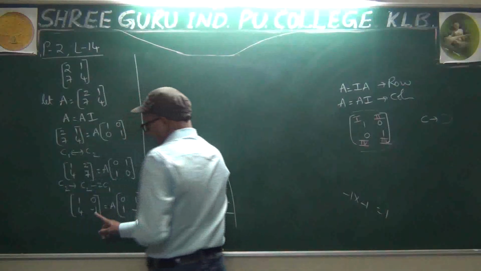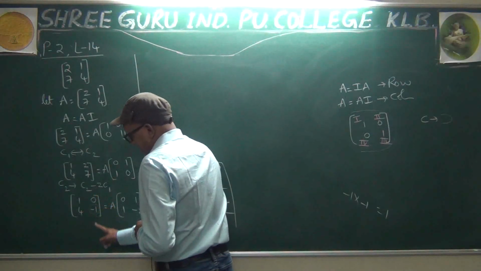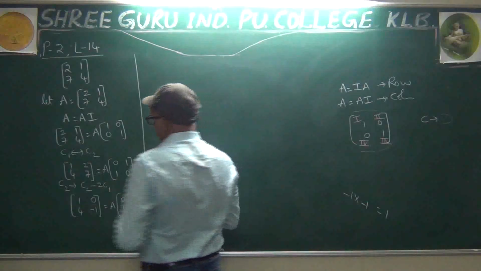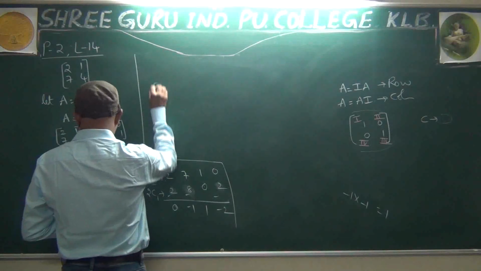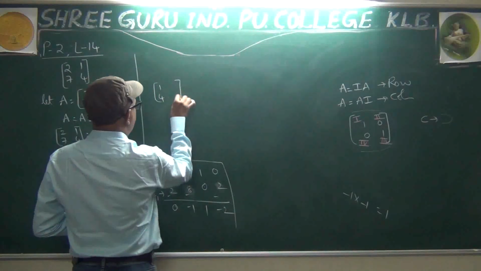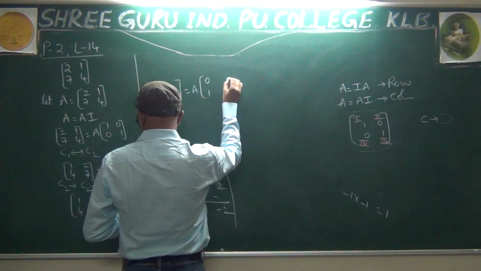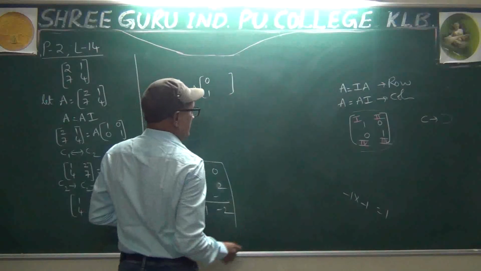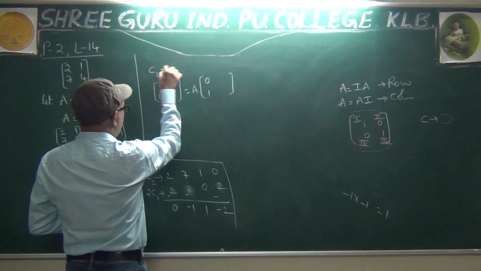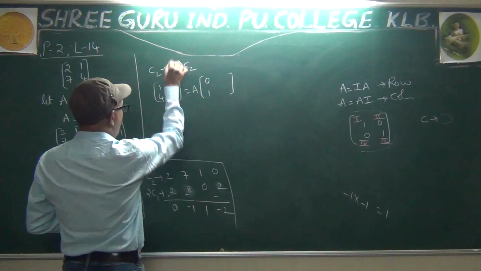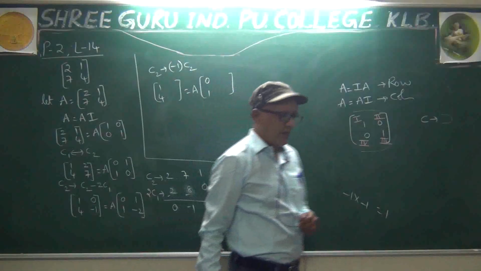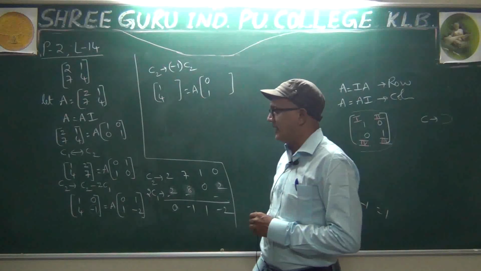Where is it? It is in the second column. Nothing happened to the first column. Keep the first column as it is. The second column we are changing, by multiplying with minus 1.